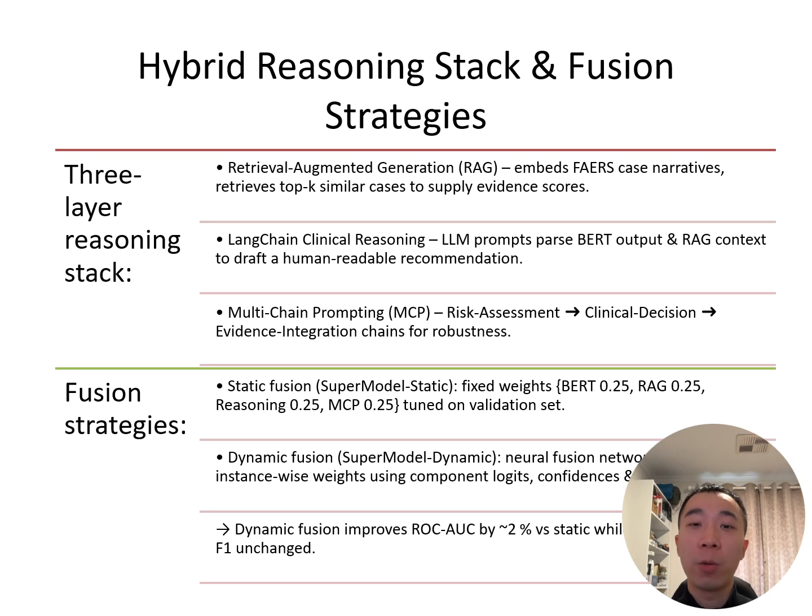The dynamic fusion strategy improved ROC-AUC by 2% compared to static fusion, without hurting accuracy or speed. The confidence gate also helps suppress noisy components when necessary.